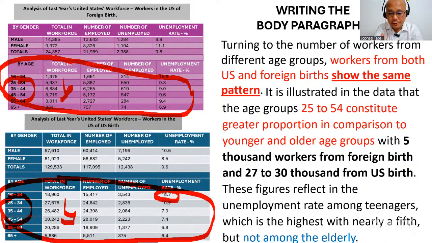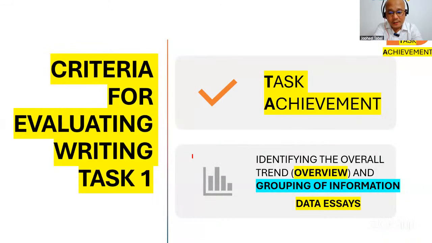These figures reflect in the unemployment rate among teenagers, which is the highest at nearly a fifth, but it's certainly not among the elderly. The elderly here have only 8.9% and 6.4% unemployment rate. Okay, so I hope this is clear, okay?